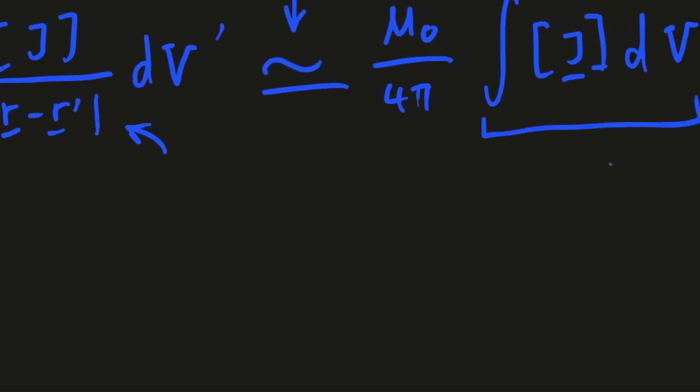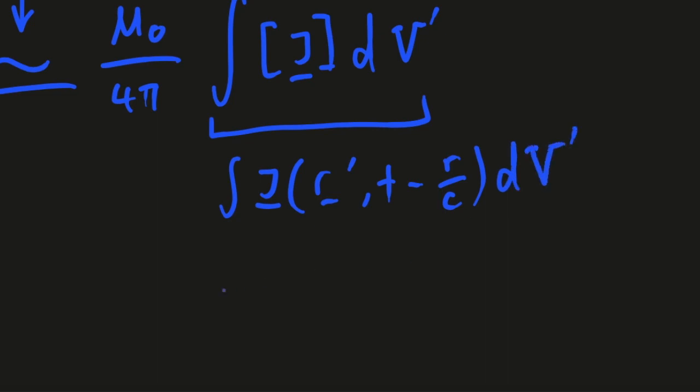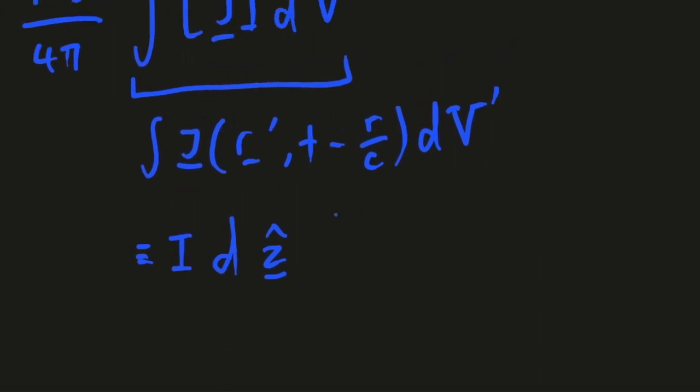So this thing, integrating the retarded current density, simplifies down here, because we know that our current is only flowing in one direction, which is the z direction. And so this becomes I, then because we're integrating over volume, I dz hat is actually something that looks like j d, where d is the volume term, and j is the current density.